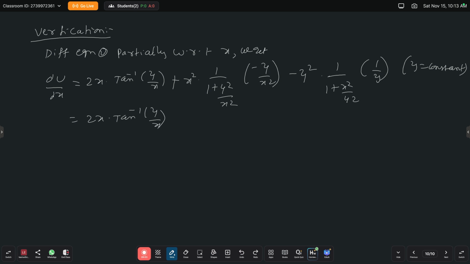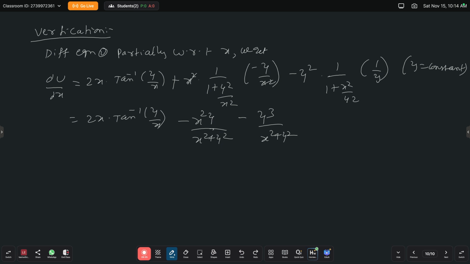Now we can get the LCM. Now x square will be cancelled. Now again you can apply it: minus x square y by x square plus y square in the denominator LCM. So minus y cubed by again LCM x square plus y square.